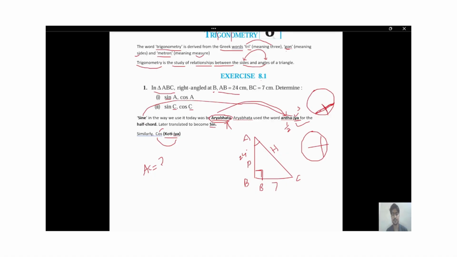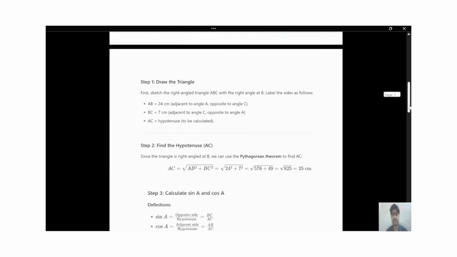We know that the square of the hypotenuse is equal to the square of the perpendicular plus the square of the base. If we sum the squares of both these components, we get our hypotenuse. Is this clear to you? Our first priority is to find the remaining side. We have been given AB 24, BC 7, and we have to find the hypotenuse.